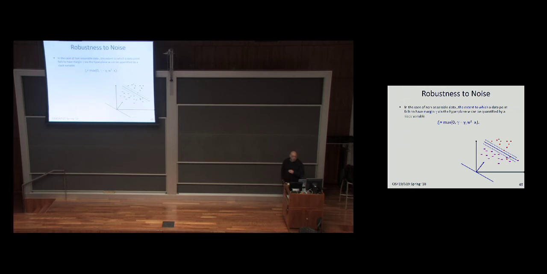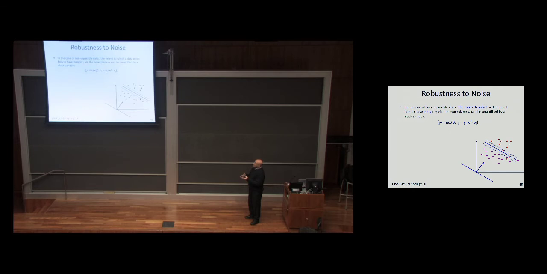So this function, max between 0 and gamma minus y times the dot product, is important, and you'll see it in a few slides again. It's an important function, so we want to make sure that we understand it. If y, the label, times the dot product is greater than gamma, it means that the data is outside this strip of width 2 gamma in this case.